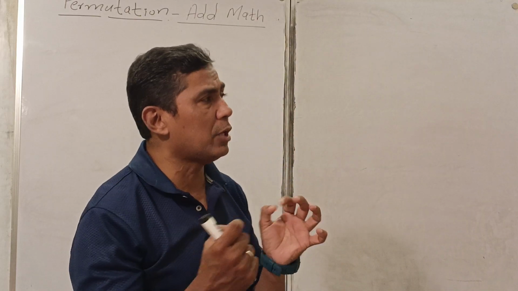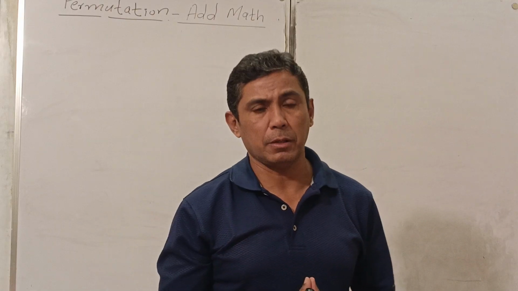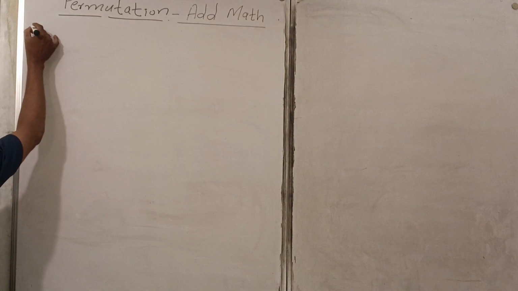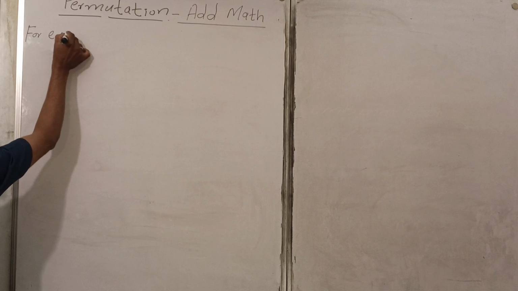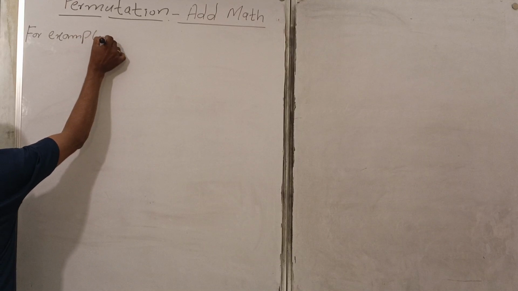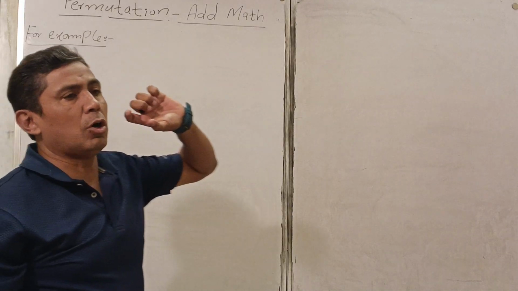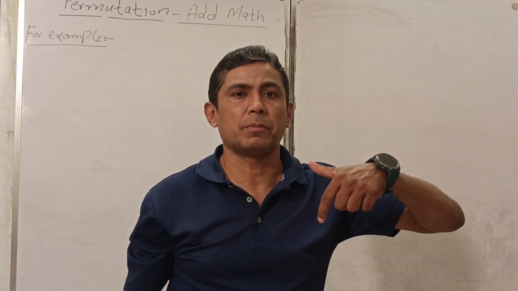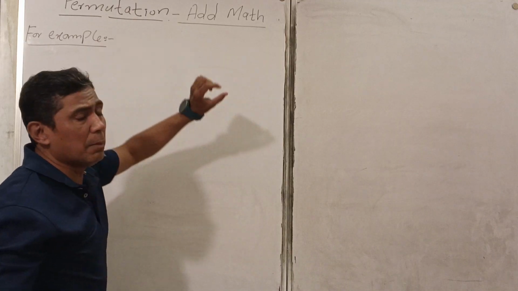First of all, a very common question is that a number of different digits is given. One very commonly tested question by the examiner is that a series of numbers is given.